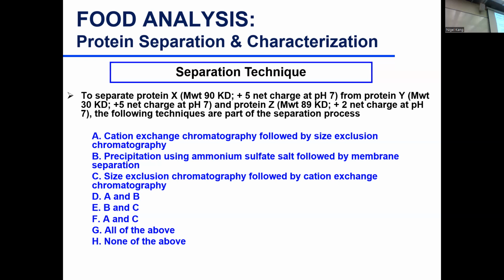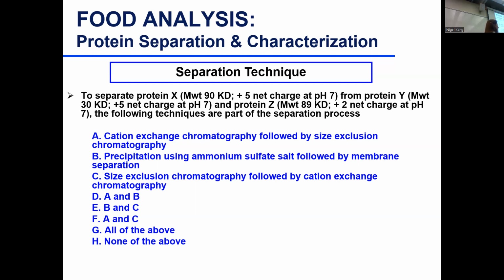What about B? About B, we use salt, ammonium sulfate salt, to separate the proteins. So what is different now is charge. What helps us is the charge of the proteins.